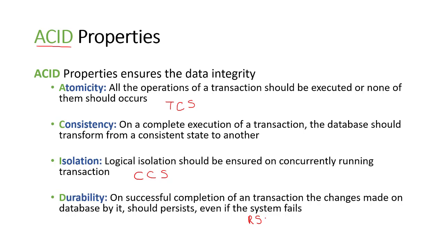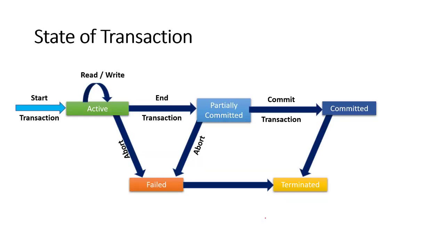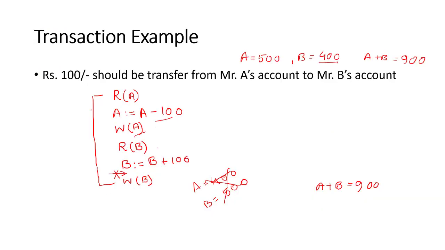Next, we are going to discuss the different states or stages of a transaction. When a transaction starts, it remains in the active state while it is performing reading and writing operations. So let us go back to our example. Up to this point, the transaction is in the active state.